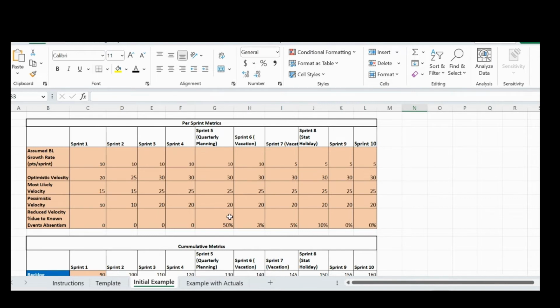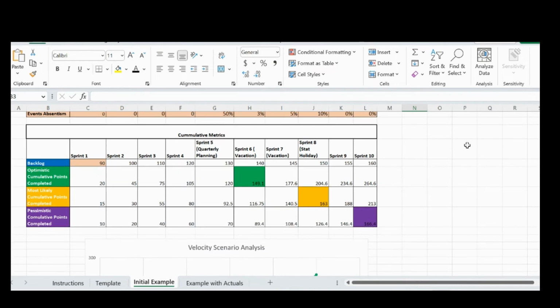So here we knew that on sprint 5 we had a quarterly planning, so about 50% of the team's time was not contributing to the velocity because they were attending the quarterly planning. Sprint 6 we had one person on vacation. Sprint 7 we had more vacation. Sprint 8 we actually had stat holidays. So these percentages reduce and adjust your velocity so that all these three curves are more realistic.